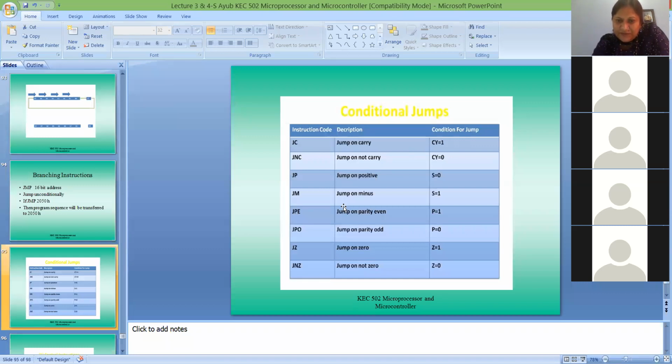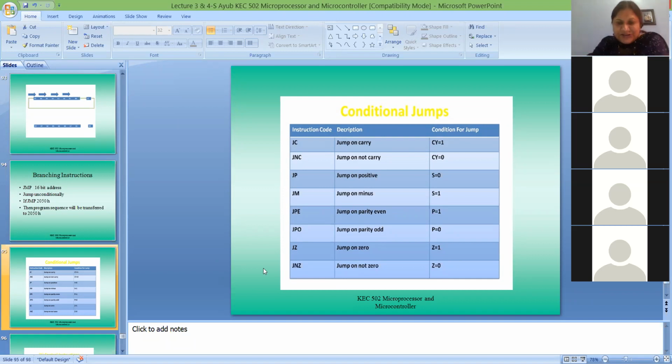If parity is even, that means the number of ones in the contents is even, and the parity flag is set to 1. But if parity is odd, meaning the number of ones is odd, then the P bit, the parity flag, is 0. So it checks the parity flag and jumps accordingly. If the condition is not satisfied, it will come to the next instruction.